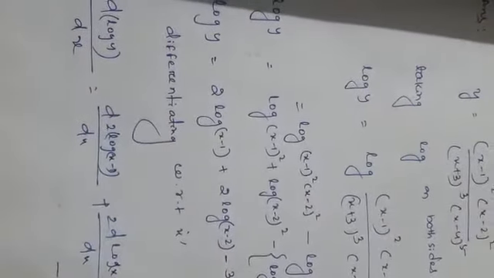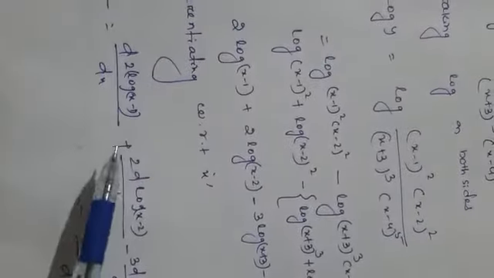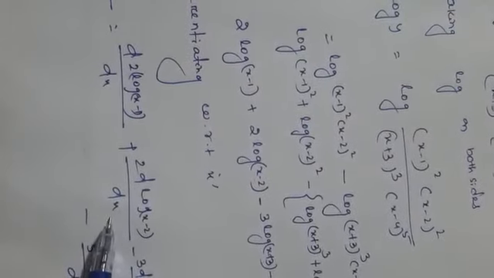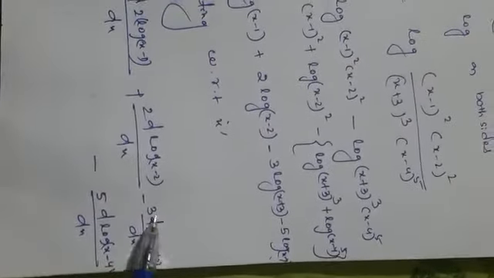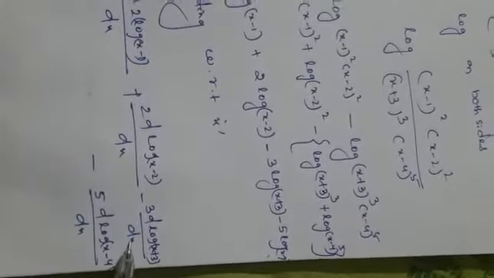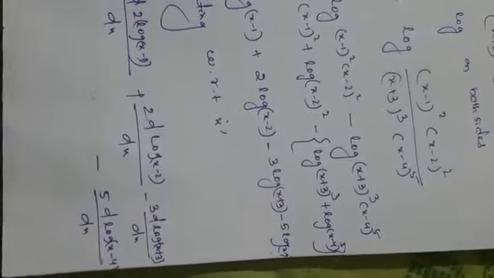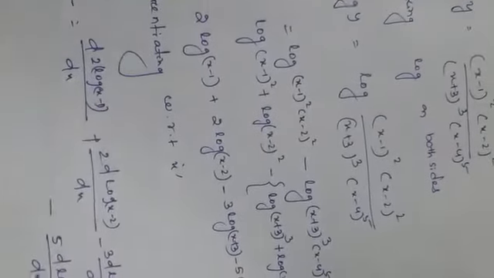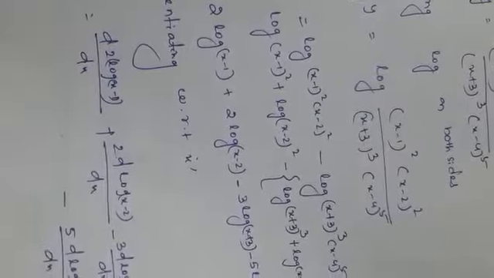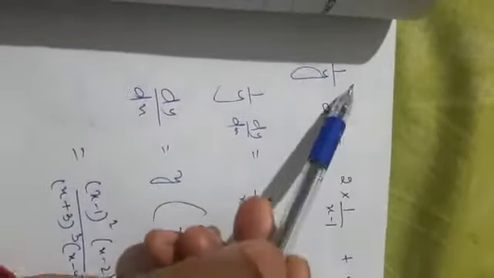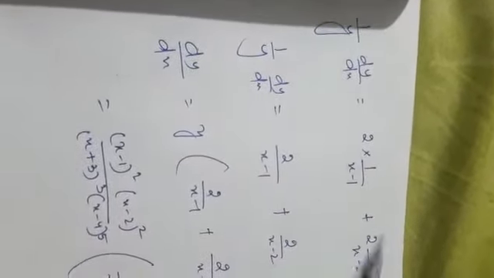Now it is simplified. Now differentiating with respect to x. Derivative of log y with respect to x, derivative of 2 log(x minus 1) with respect to x, plus 2 derivative of log(x minus 2), minus 3 derivative of log(x plus 3), minus 5 derivative of log(x minus 4). Now on the left hand side it is 1 by y dy by dx.